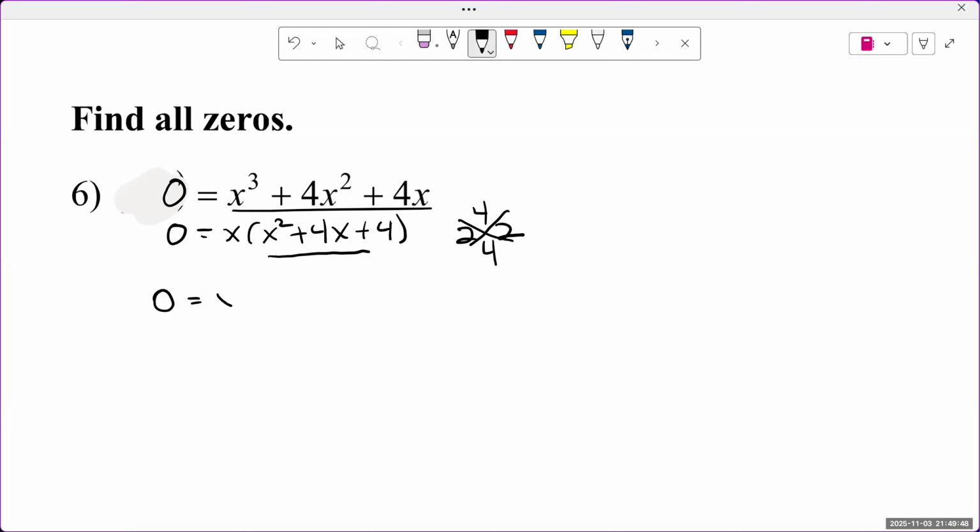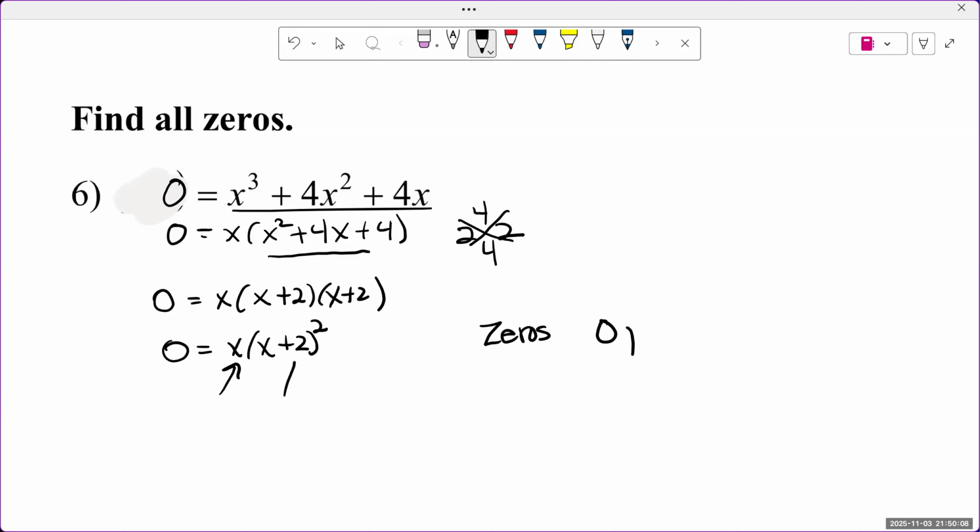Yes. So we have x plus 2, x plus 2, or x plus 2 squared. So what are the zeros? We have this one is 0, and this one is -2 multiplicity 2, right? From the exponent.